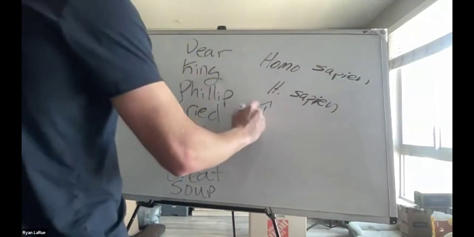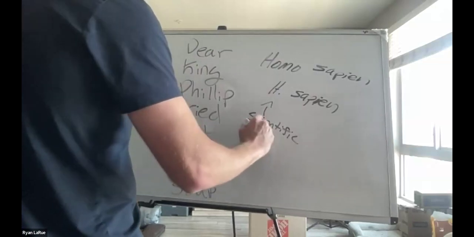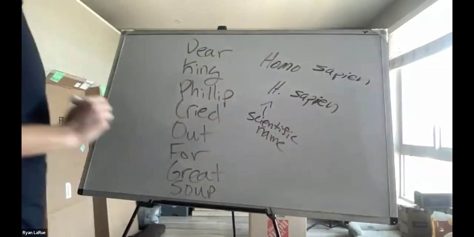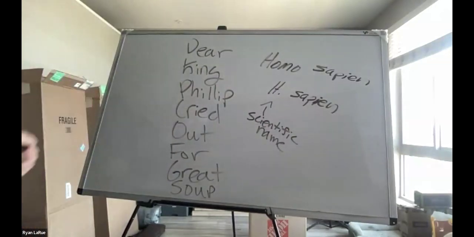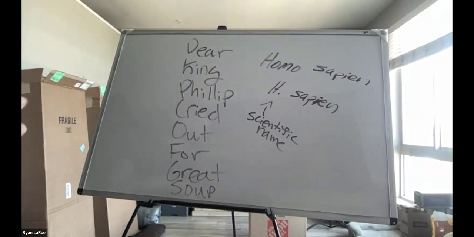So we call this the scientific name of an organism. And every organism has a scientific name. Like my barking dog is technically a wolf. She acts like one, though. But Canis lupus.